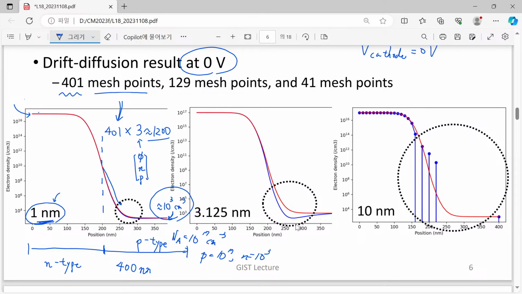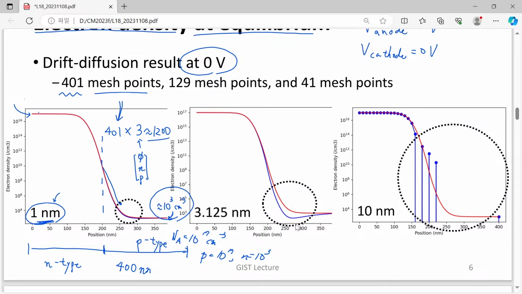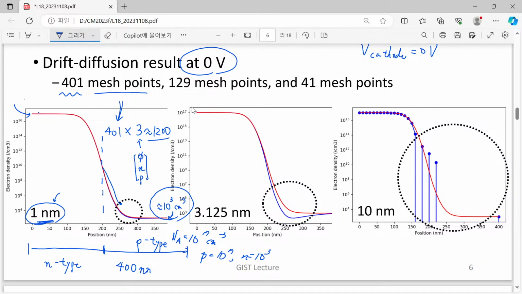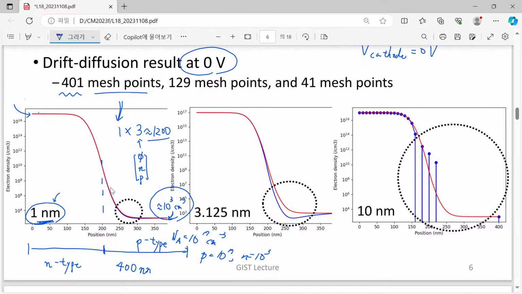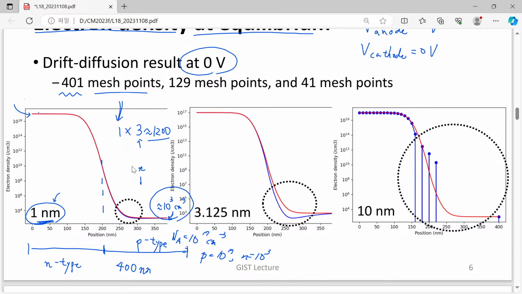Are you with me? So the product between your hole density and electron density at equilibrium should be the square of your intrinsic carrier density. So in this case it is about 10 to the 20. So I made a simple calculation. Although not very visible, please have a look here.